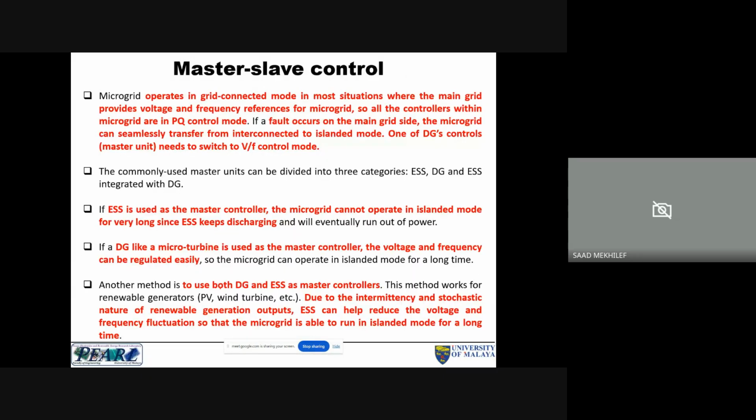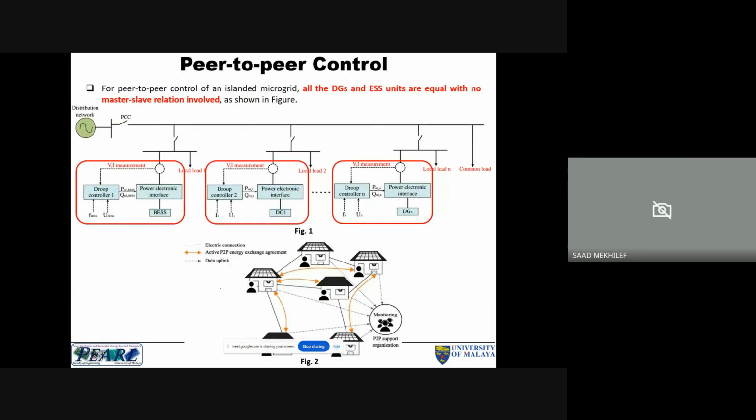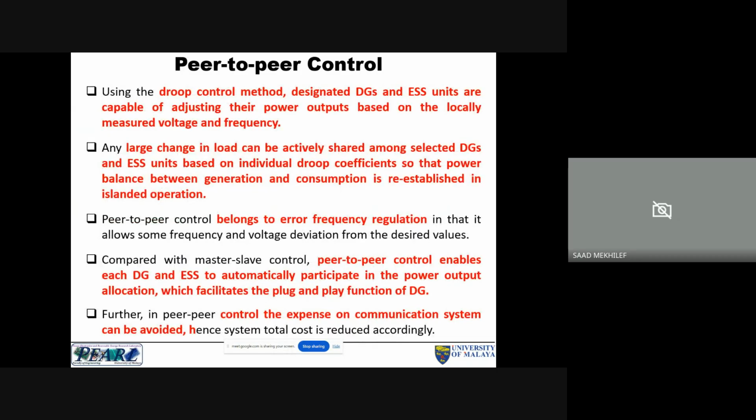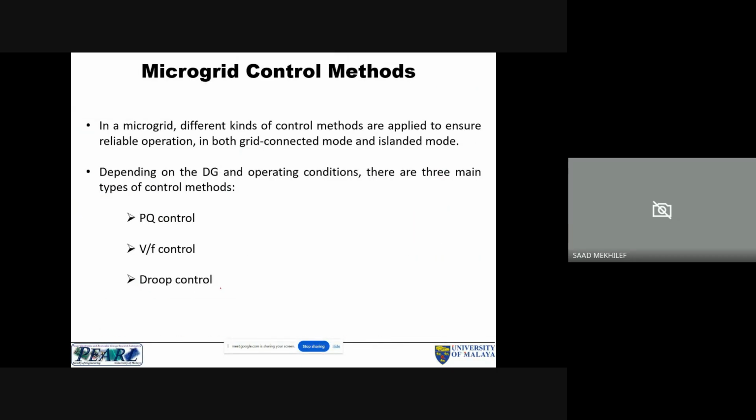Now I think we have discussed all the control, peer-to-peer and master slave, and we are now in the last part of the control, which is the control methods that are used. As we explained before, the main objective of operating this control is to make reliable operations in both grid connected and islanded mode.